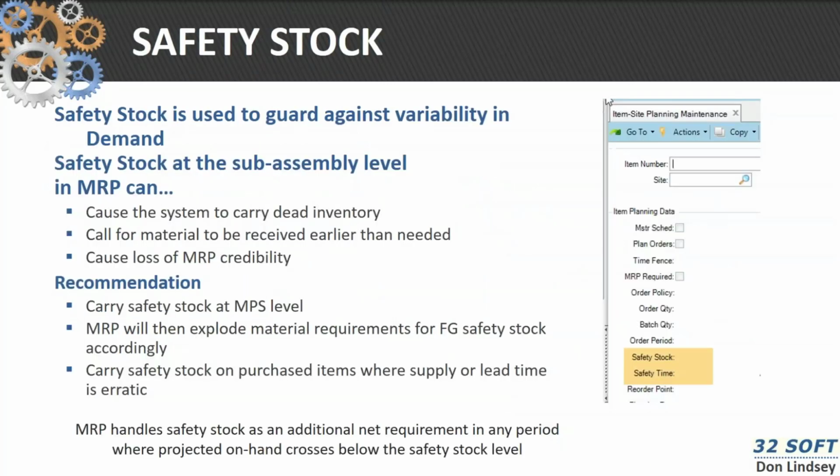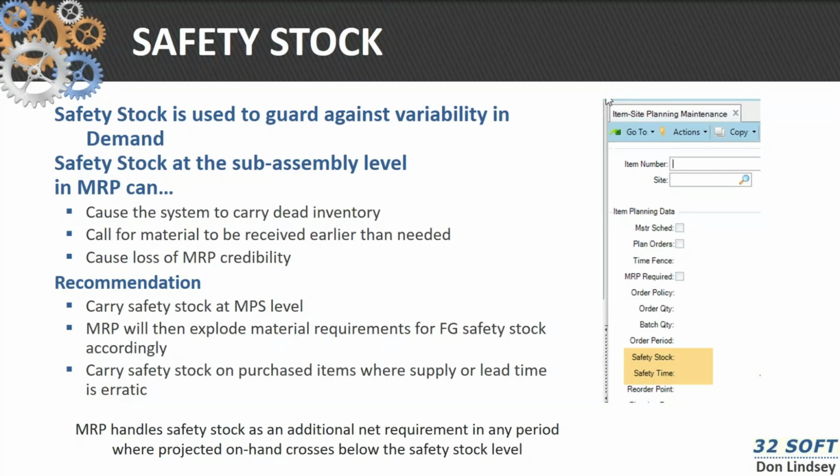We talked about safety stock last week. Safety stock is used to guard against demand. And the recommendation for safety stock in an MRP environment is that you use safety stock at the highest levels of the bill of material or the lowest levels of the bill of material.